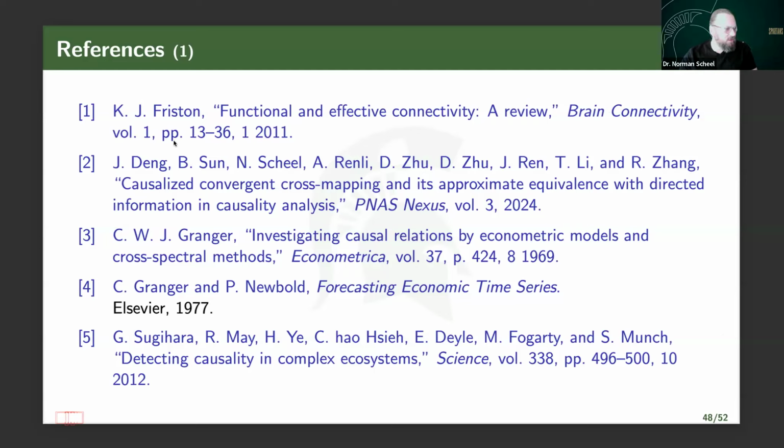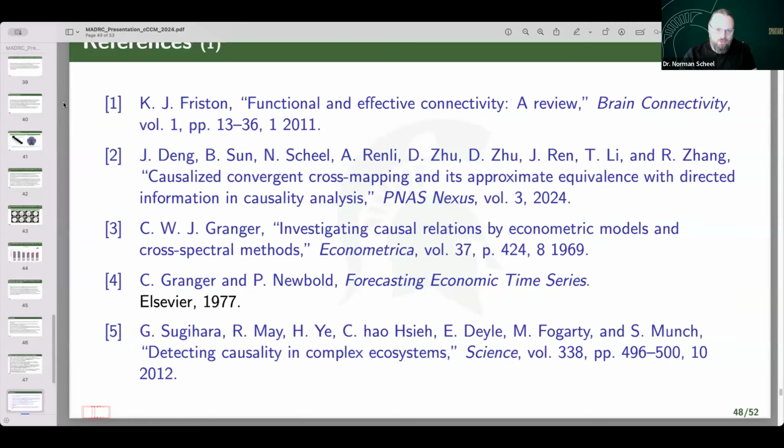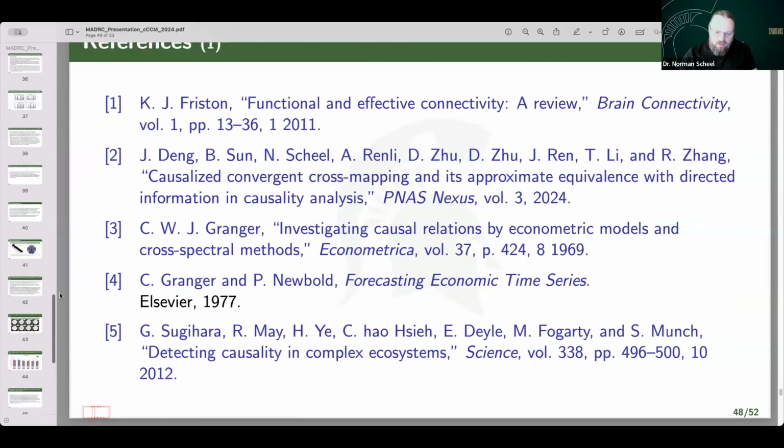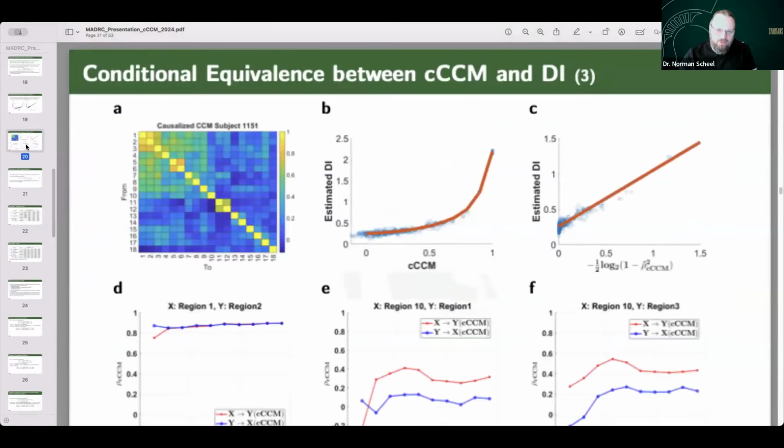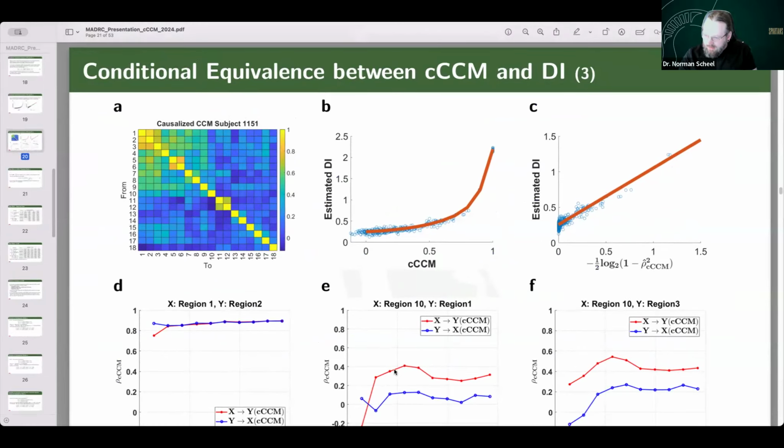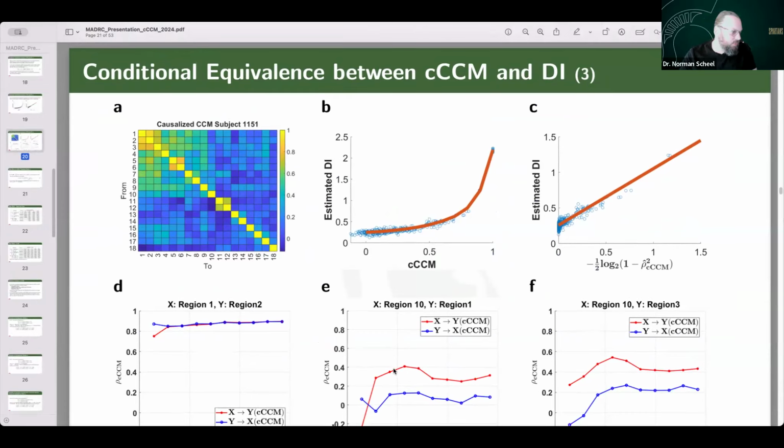You showed that between regions 1 and 2, there is high causality in both directions. That slide was interesting. Region 10 is the anterior superior temporal sulcus left.